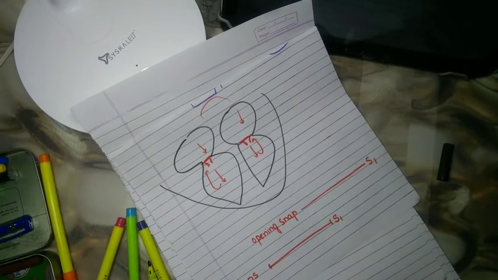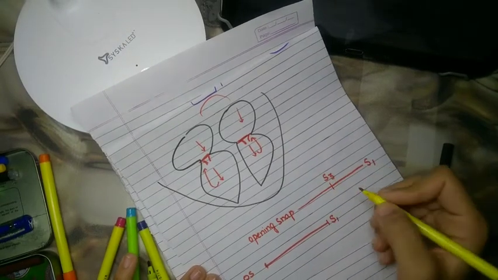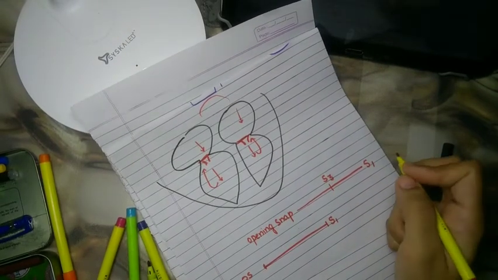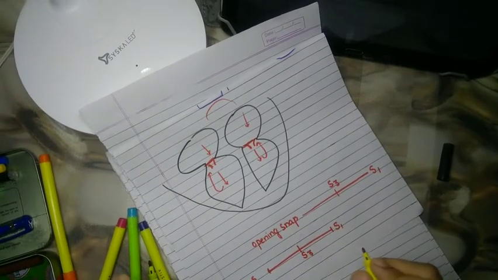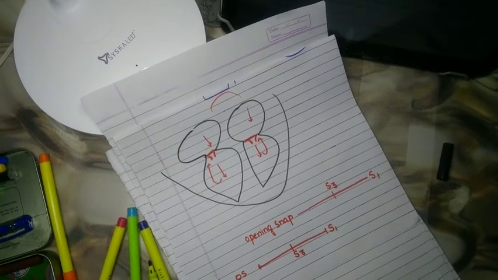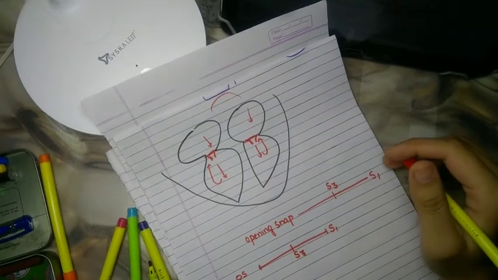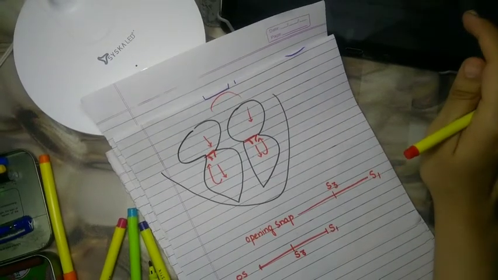So where will the filling occur? Filling will occur between these two. So S3 will always be between the opening snap and S1. Right. Okay. So now we have opening snap, we have our S3, and then we have our S1.